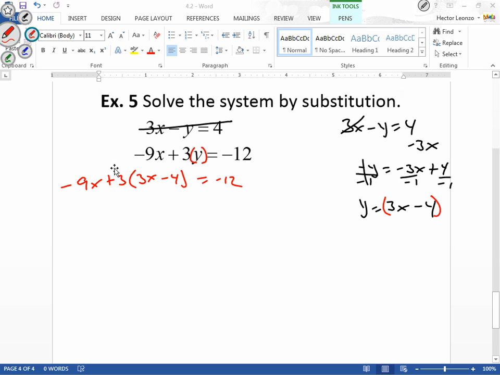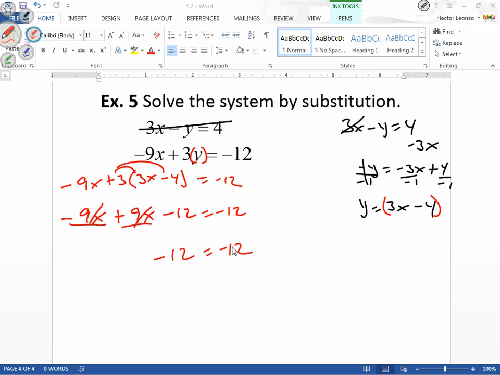Okay, let me get rid of parentheses by distributing the 3 to the inside. So I have -9x plus 9x minus 12 is equal to -12. We can combine the x's, right? -9x plus 9x, that's 0x. So basically they cancel each other off. So I have that -12 is equal to -12.